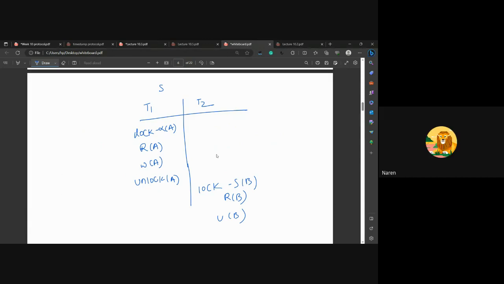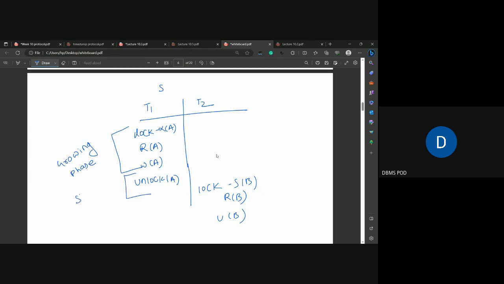Is that following the two phase locking protocol? Yes, sir. How can you tell? In the growing phase we can apply locks, right? So this is called the growing phase. In the shrinking phase we can unlock, right?